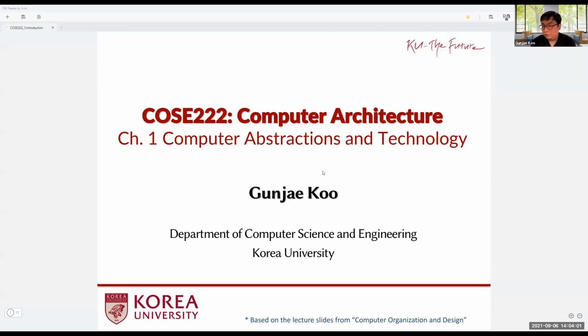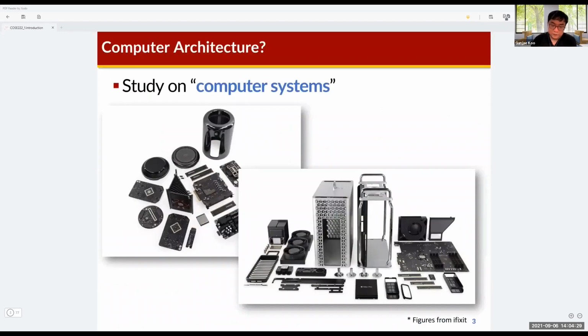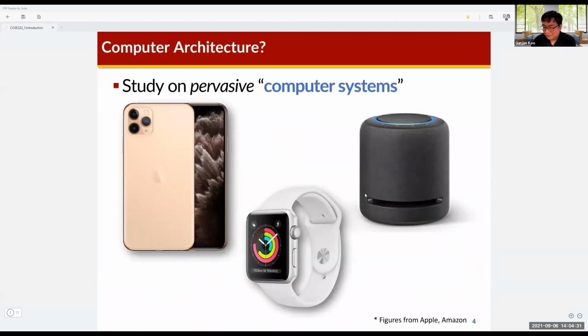So we need to learn how to manage, build, or generate these computer systems. In this course, we will learn about computer systems and computer hardware architecture. Especially, we will learn how computer systems work, okay? So these are the computer systems.